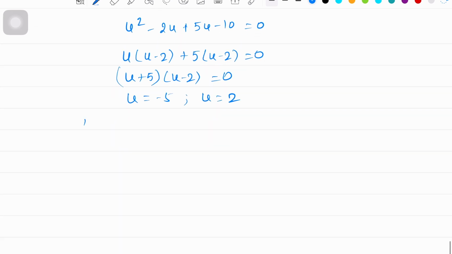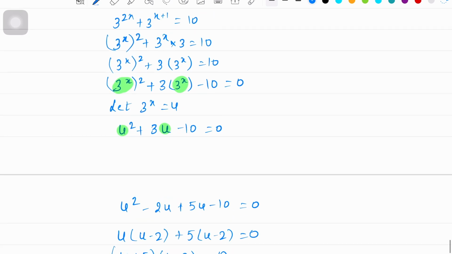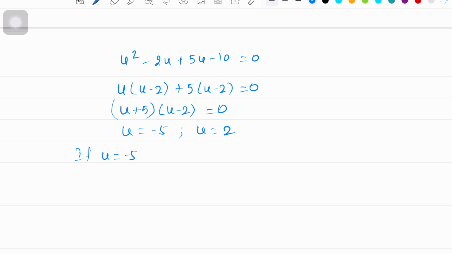Now if u equals negative 5, what is our substitution? Our substitution is 3 raised to x equals u. So if u equals negative 5, 3 raised to x equals negative 5, this is undefined, because if you put any value for x, say a negative value for x, you won't get negative 5, because 3 raised to negative 1 will be 1 over 3, which is a decimal value but still on the positive side.